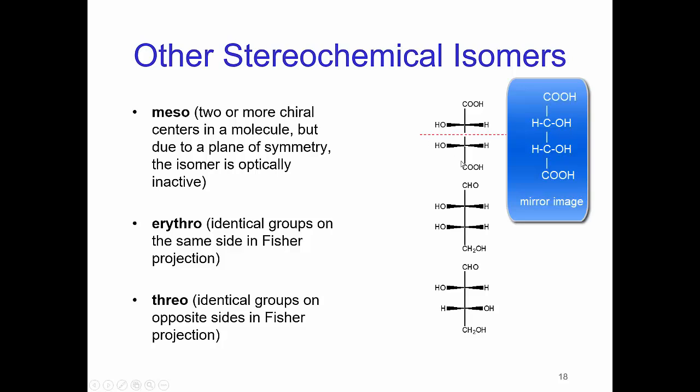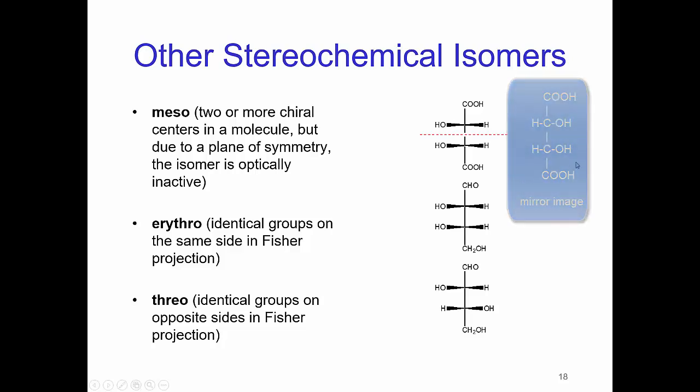Now take this whole molecule that we just created over here and turn it 180 degrees. So we take this carboxylic acid and turn it up here, and we take this one down here. What's going to happen? This OH is going to end up way up over here. This OH is going to end up down here. This hydrogen is going to get rotated around up here, and this hydrogen is going to get rotated around down here.